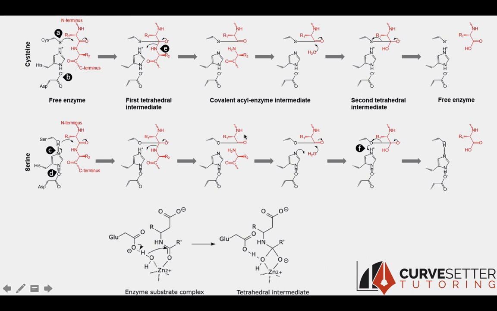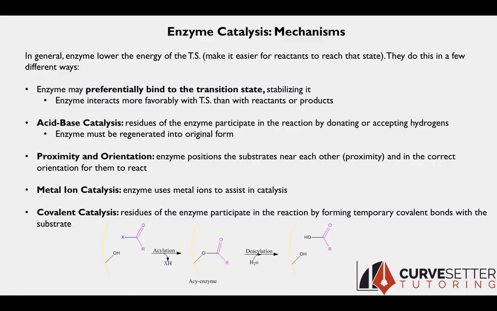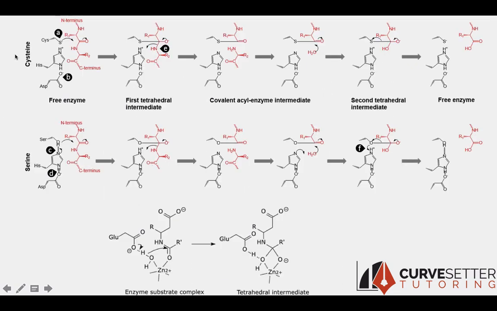As the reaction proceeds, you can see that the enzyme residues participate in the reaction, and it may be through covalent bonding as it is here, or through metal ion stabilization, or acid-base catalysis, or any combination of these mechanisms.